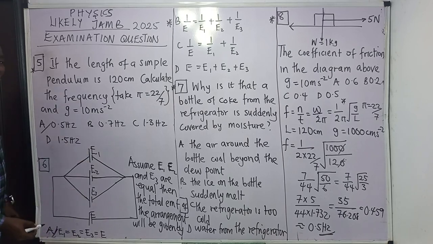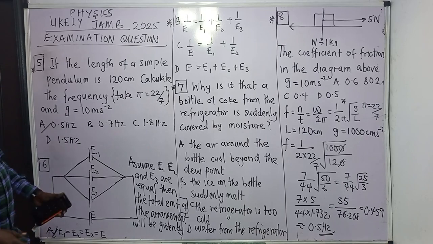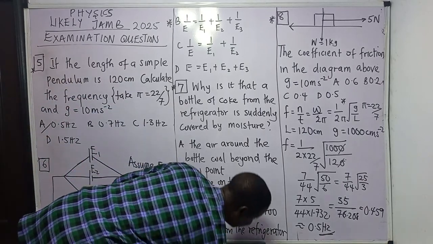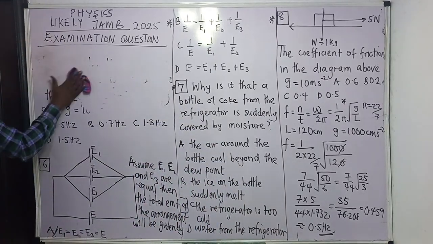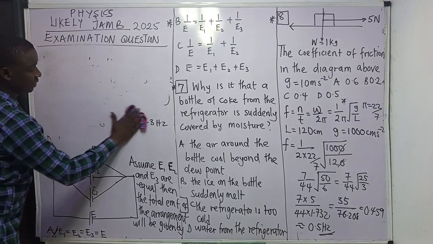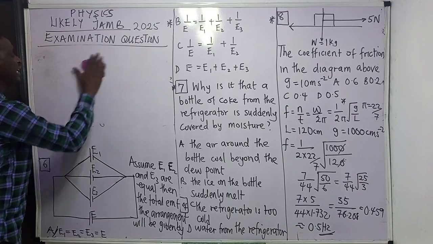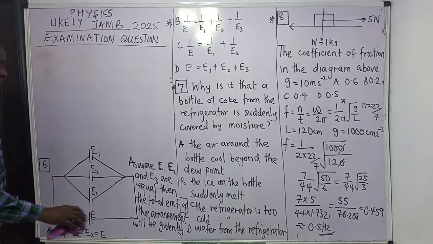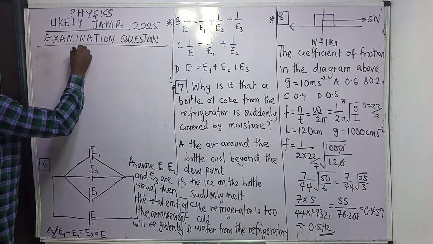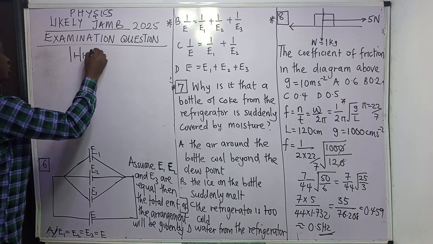When 2 or 3 cells are connected in parallel, don't forget, you just take one of them as the effective EMF. You understand? But if they are connected in series, you just add them together. So if I had connected them like this now, class, the option would have changed.